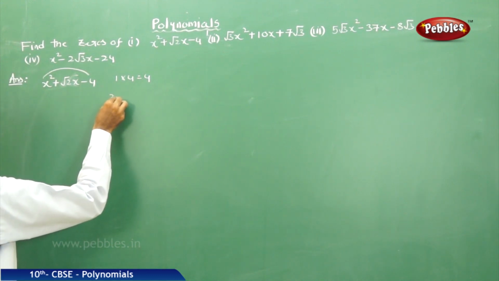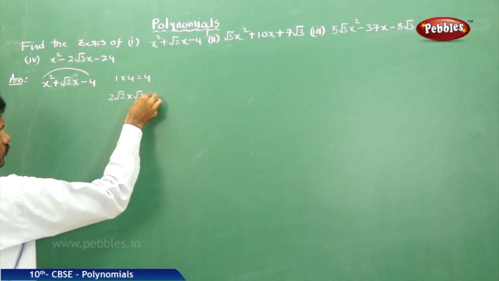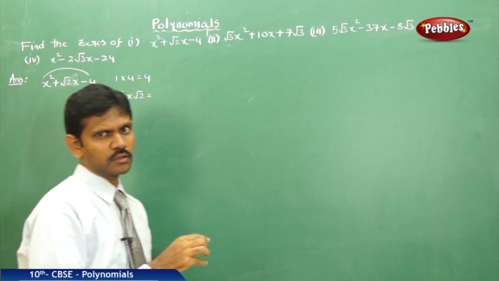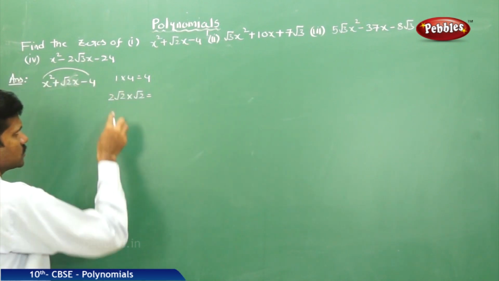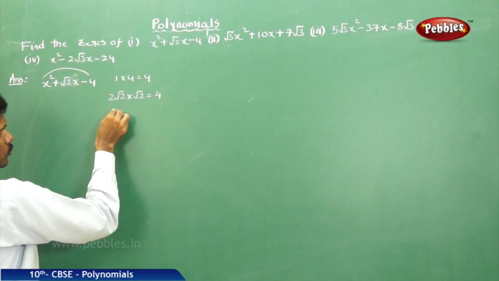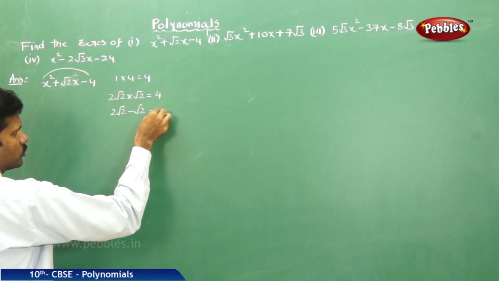Now 2 root 2 into root 2, you know very well, root 2 into root 2 is nothing but 2, that is 2 times 2 is 4, that is 2 root 2 minus root 2, that is equal to root 2.